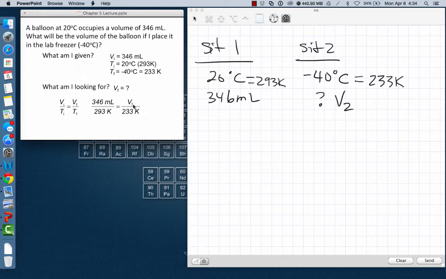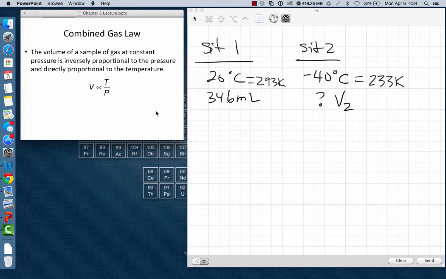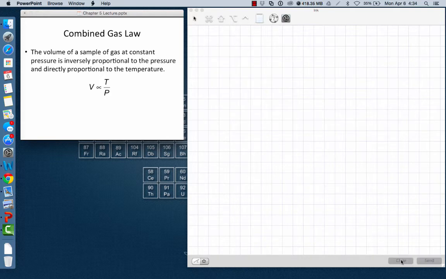And you solve, you cross multiply to solve this, and you get 276 milliliters. So does that make sense? If we're going from 20 degrees C to negative 40, our temperature is going down. So we would expect our volume to go down as well from 346 milliliters to 276. That makes sense.